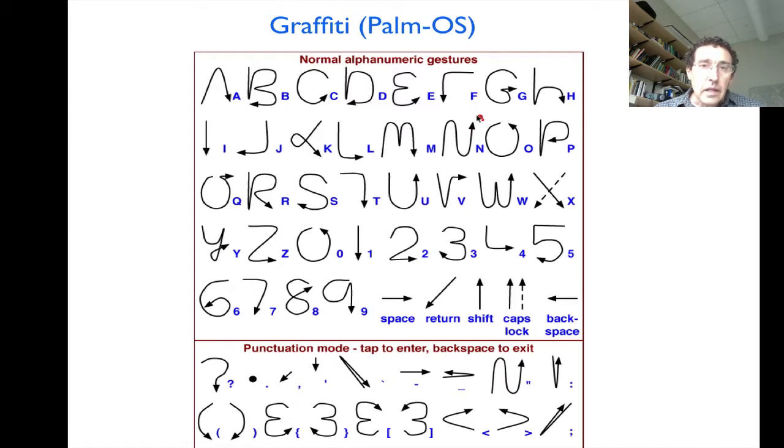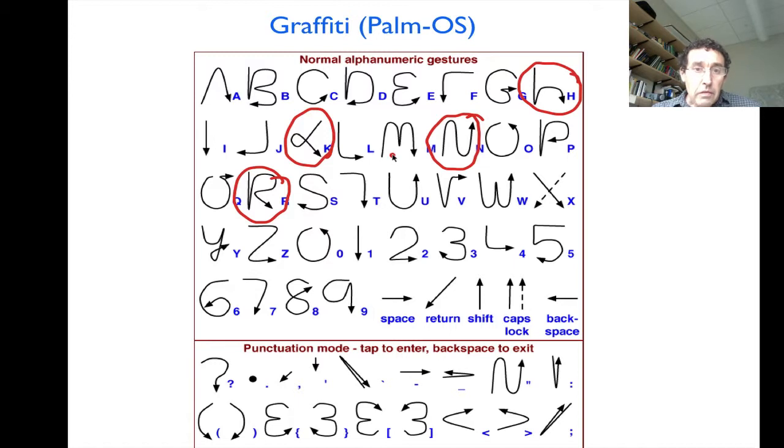Let's say here is the way that you're supposed to write an N, and here is the way that you're supposed to write an H. So they're very different from each other. There's no reason to get confused. Here is the way to write K, and here is the way to write R. So there's no reason to get confused. So those work very well if the person is willing to learn this new set of gestures.